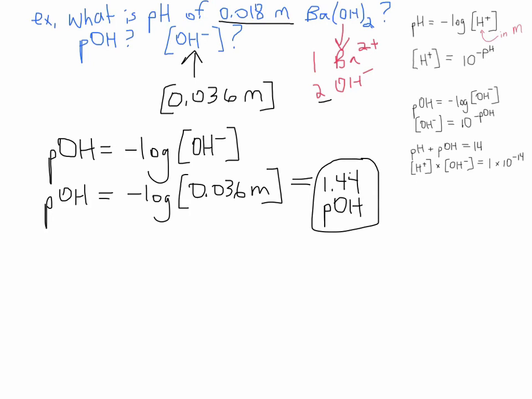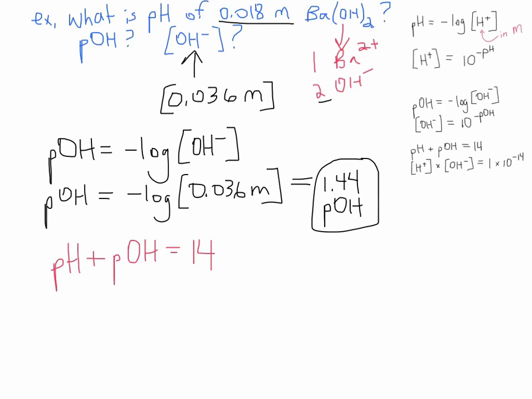So there's our pOH, and in order to calculate the pH, we're going to go to this equation here. pH plus pOH is equal to 14. So I'll write that here, pH plus pOH is equal to 14.